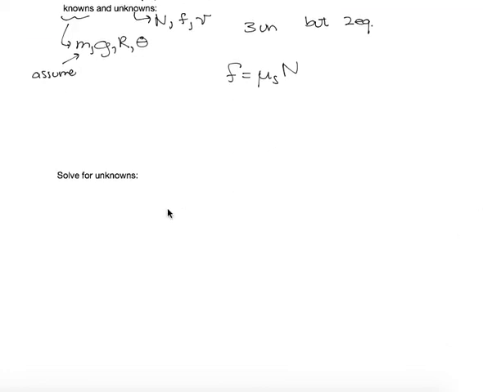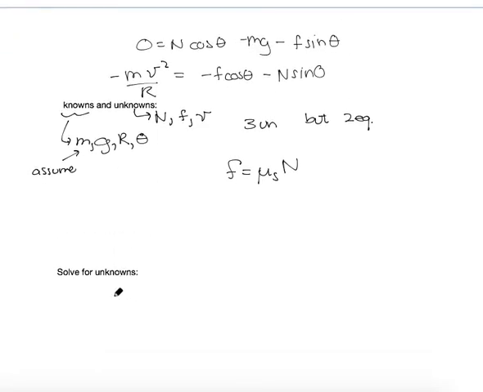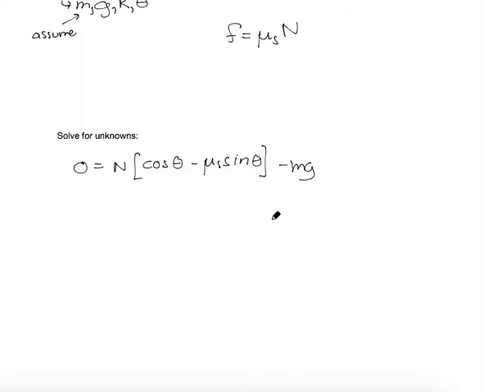Now that we have 3 unknowns and 3 equations, we can solve for the unknowns. Let's start with the first equation. Substitute f. I'm going to be substituting and factoring at the same time: n cosine theta minus mu n sine theta minus mg. Then I can rearrange and solve for n: n equals mg over cosine theta minus mu sine theta.